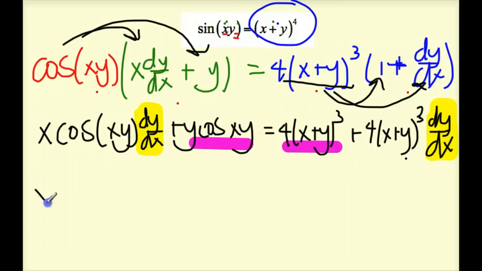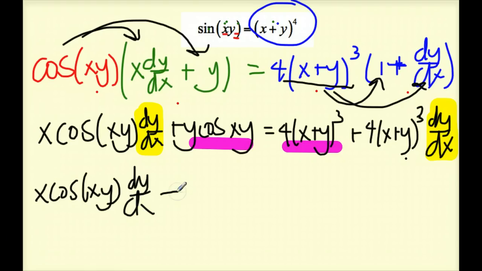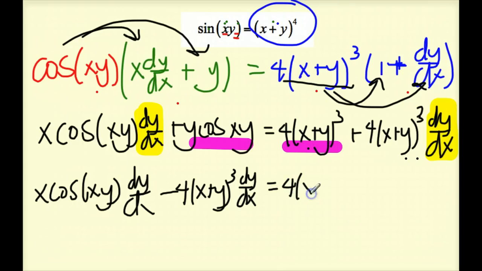So I'm going to get x cosine xy dy/dx minus this entire term right here, which is 4 times (x + y)^3 dy/dx equals, and I'm going to keep this term right here, 4 times (x + y)^3, and I'm going to want to move this to the other side, so I get minus y cosine of xy.